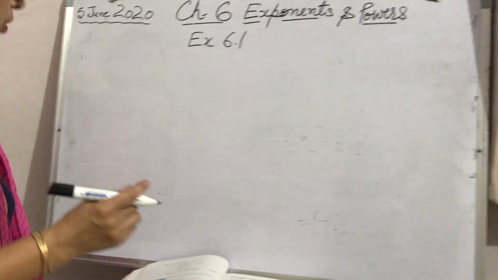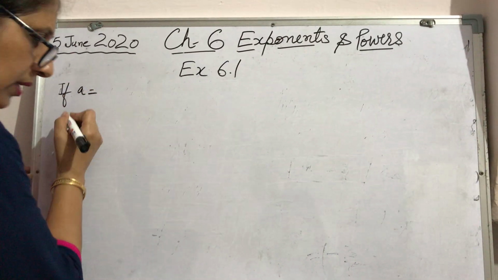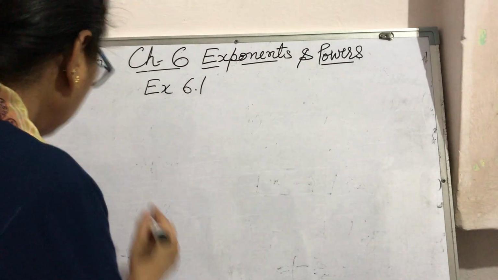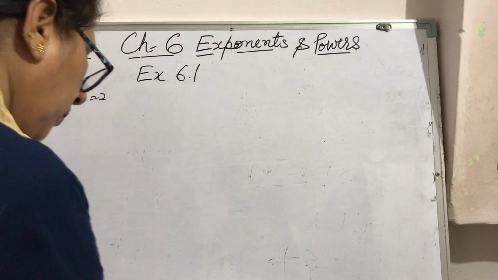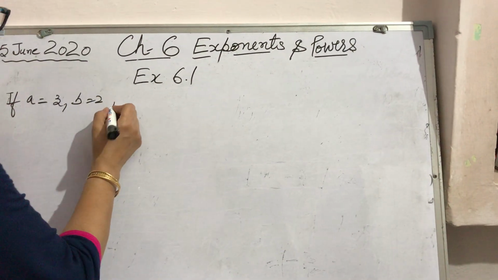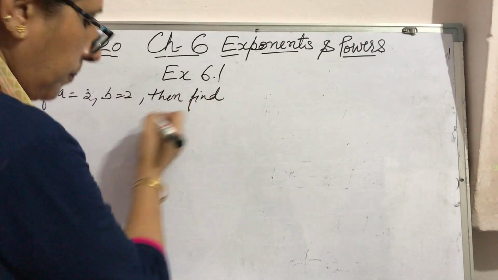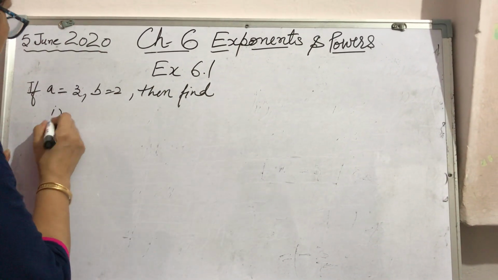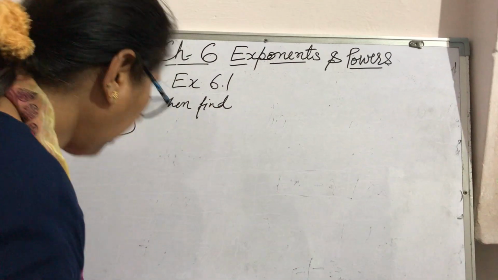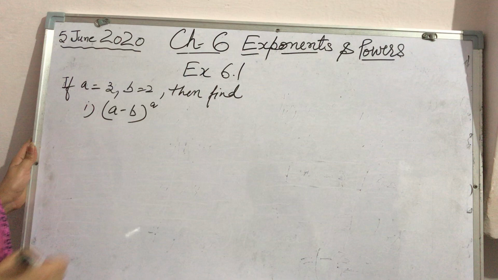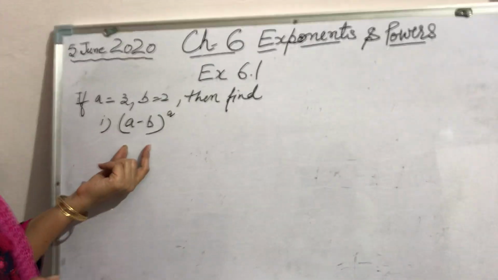Question. Now values are given. If a is equal to 3 and b is equal to 2, then find the values. First part, (a - b)^a. Values of a and b are given, and the equation is given.